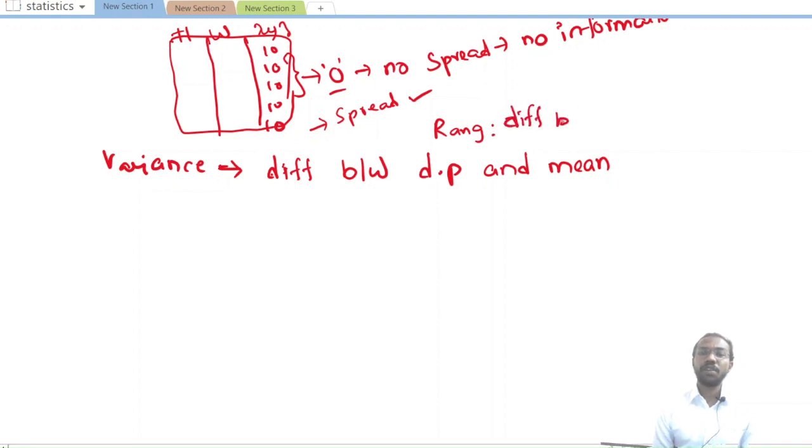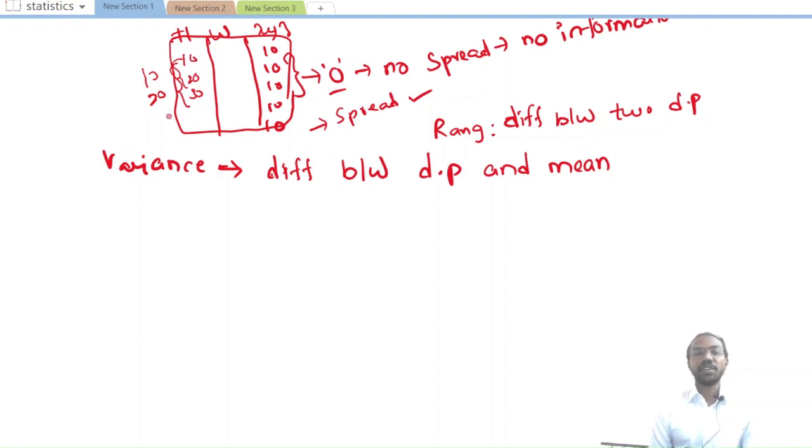Suppose we take an example: 10, 20, 30. The spread between 10 and 20 is 10, between 20 and 30 is 10, and between 30 and 10 is 20. Calculating between every pair of data points is very time consuming. That's why we first calculate the mean of the data and subtract every data point from the mean. It is an easy way, it removes the drawback of range, and it is an advantage for variance.